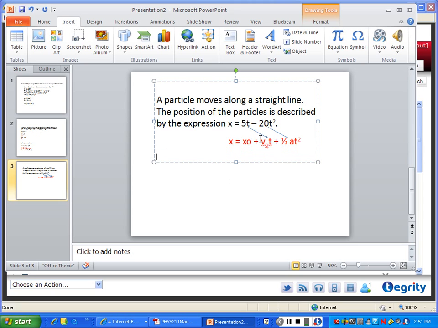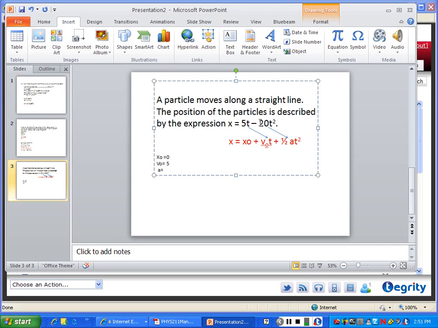So we could immediately do the following, and notice that there's no x0 term showing up in the actual equation, so we can immediately identify x0 is 0 and v0 is 5 and a is, well, what's a?